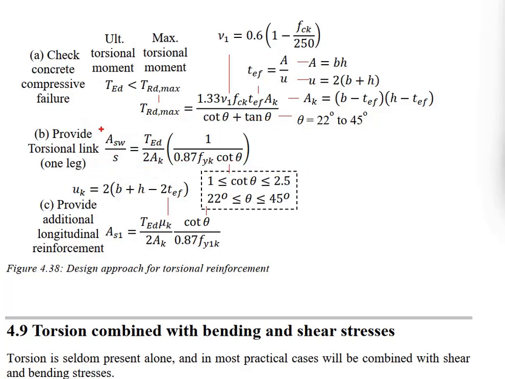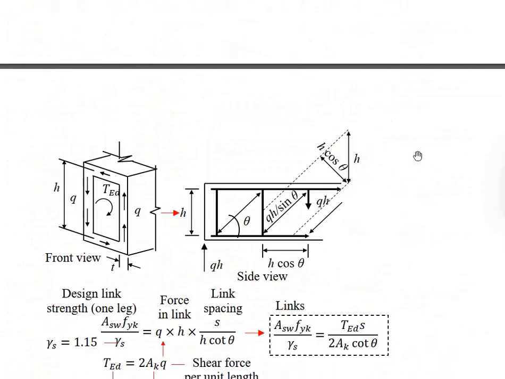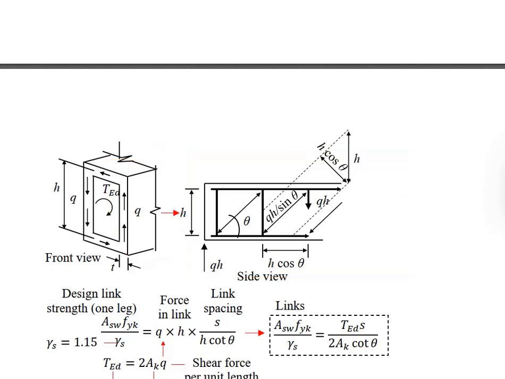Bear in mind that this area here is referring to one leg of the link due to the assumptions of the model here, which you derive from one side of the member. Having the link going something like this, if you are only designing for one side, that means you only refer to one leg of the link.